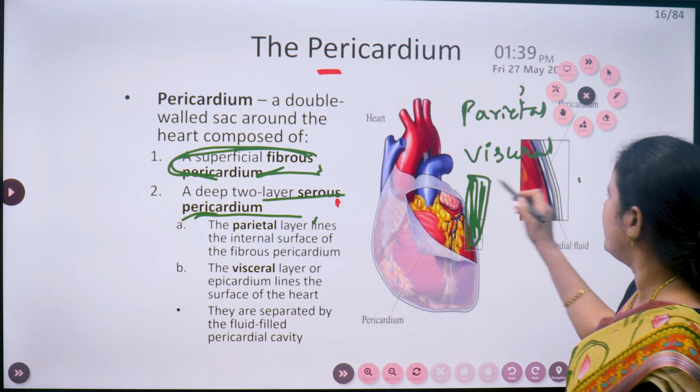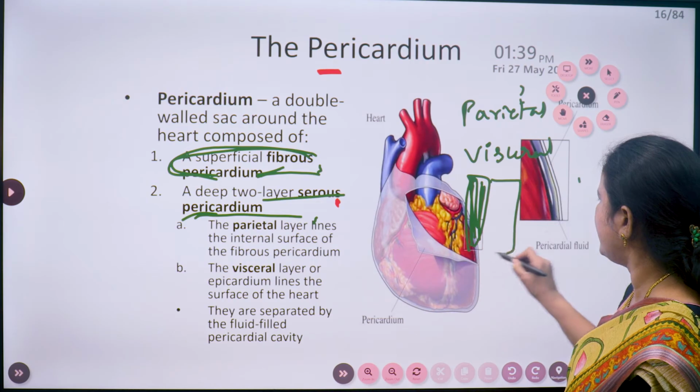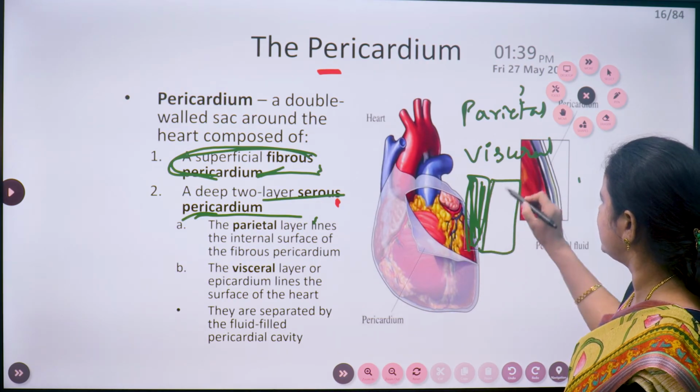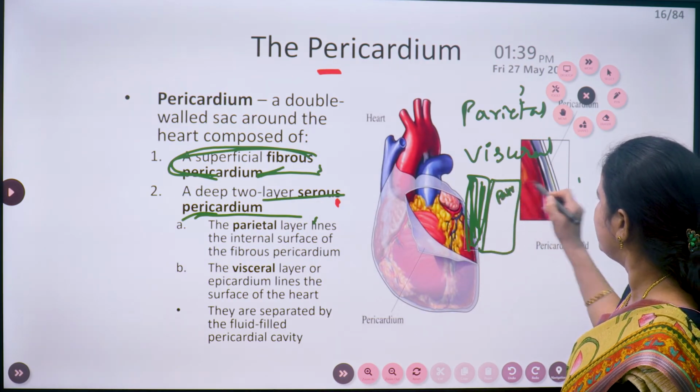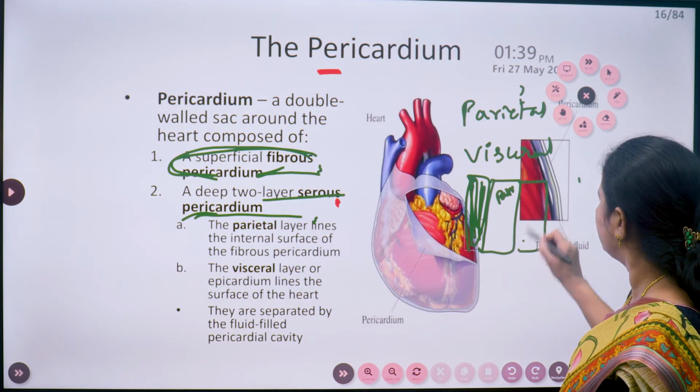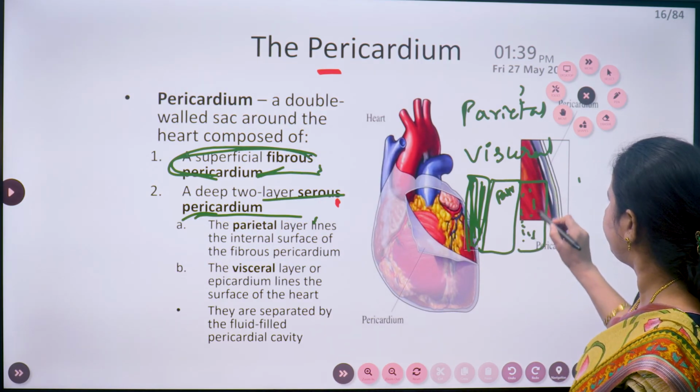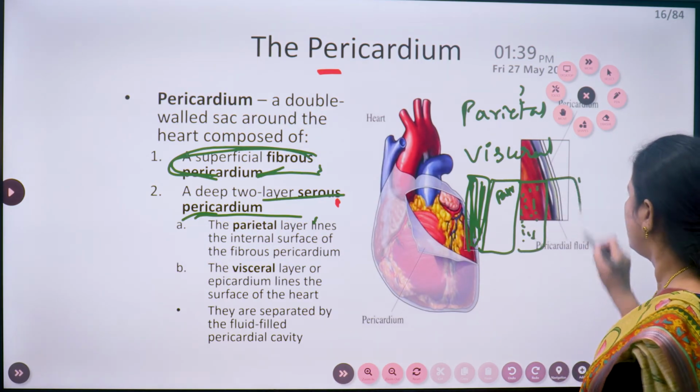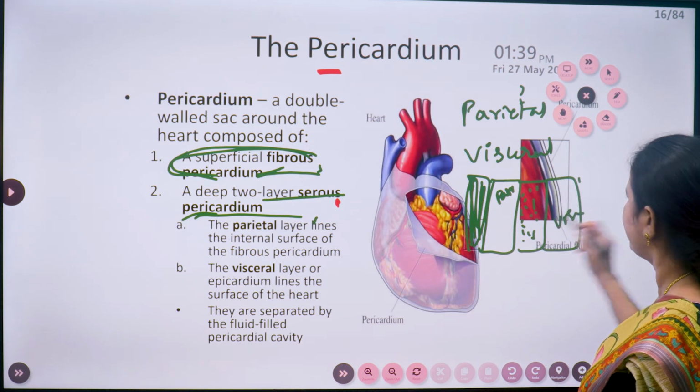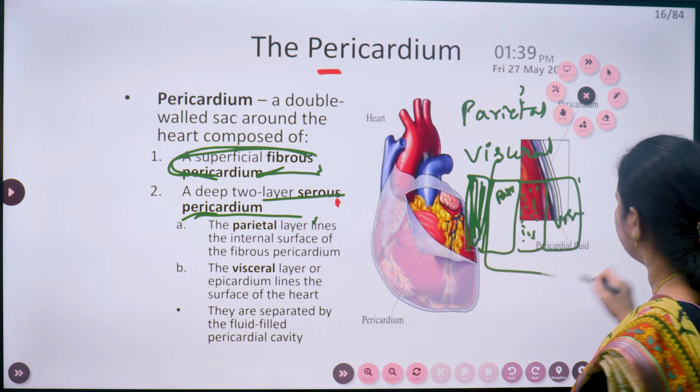After that we have the serous layer, in which this is parietal, then the pericardial cavity, and then visceral.